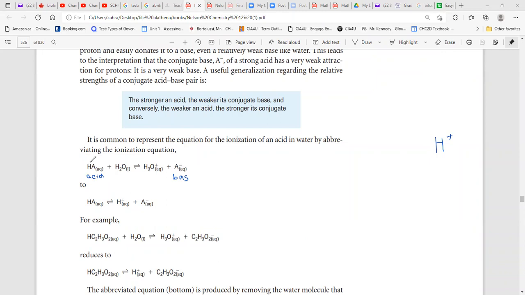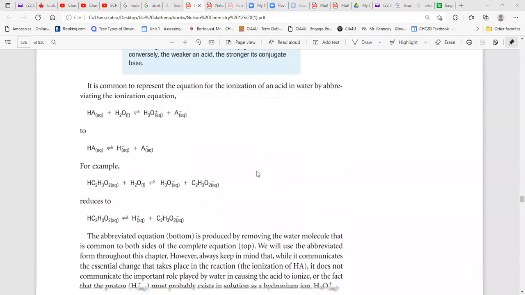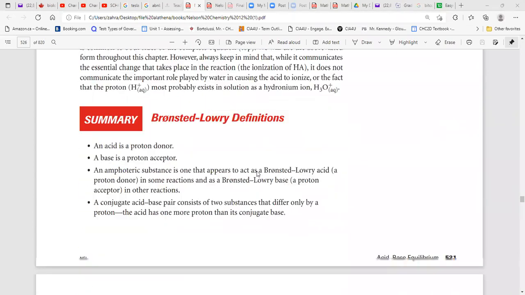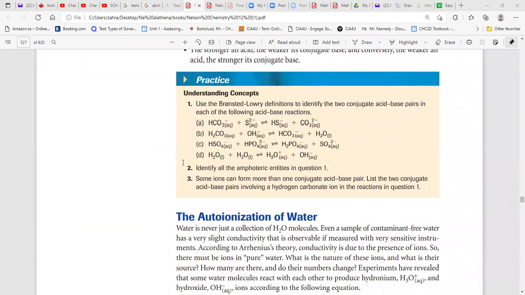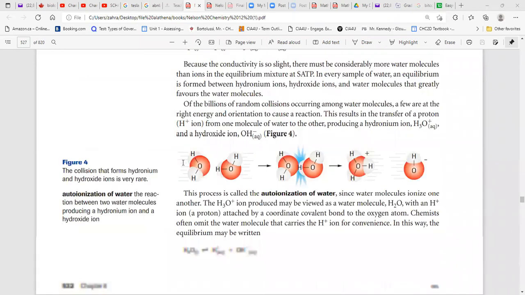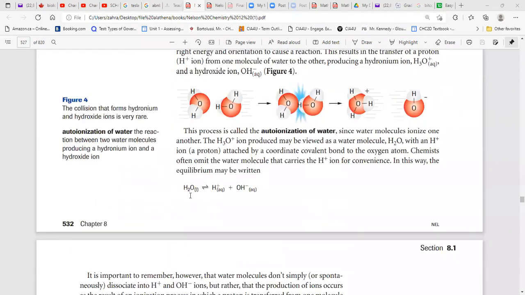So if the acid is strong, this will be a weak base. If the acid is weak, it's going to be a strong base. So it's just kind of reverse. Same way we can talk about a base. To practice, please do question number 1 here, page 532.